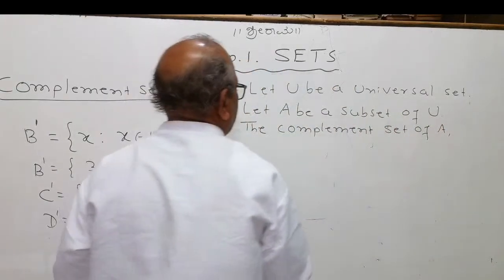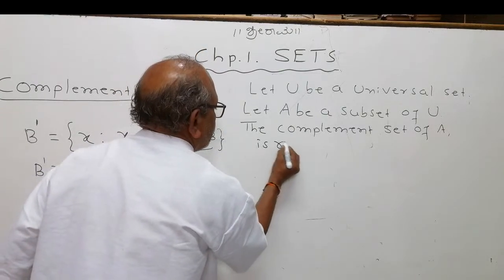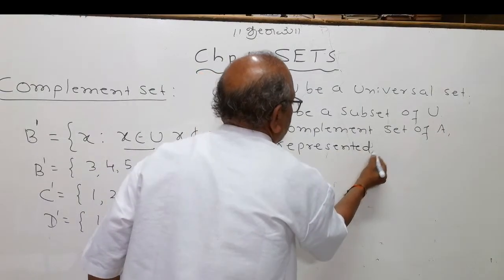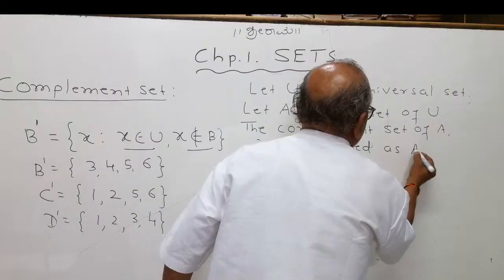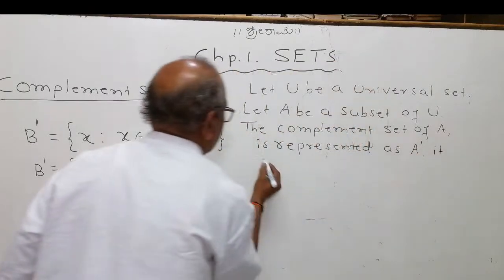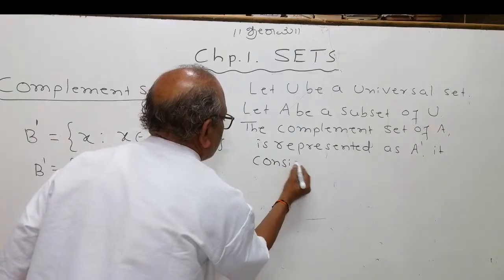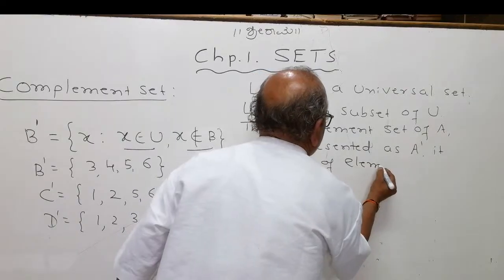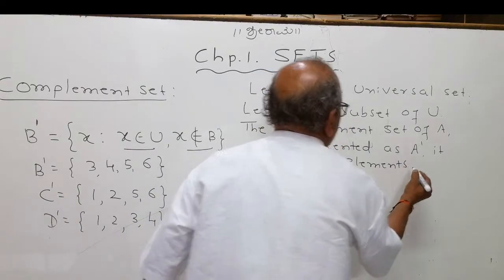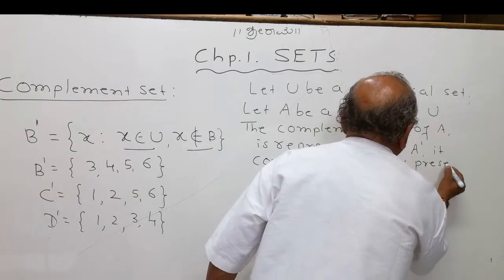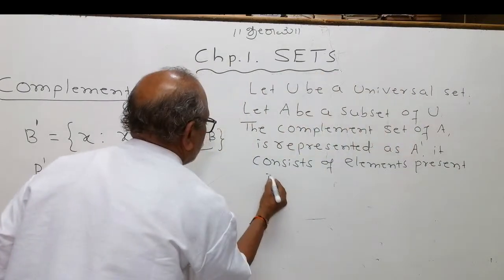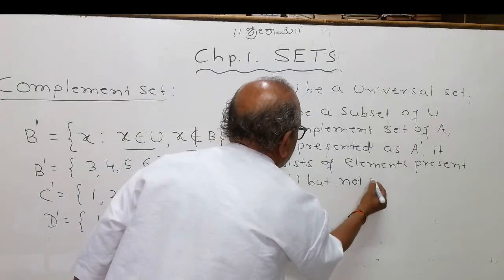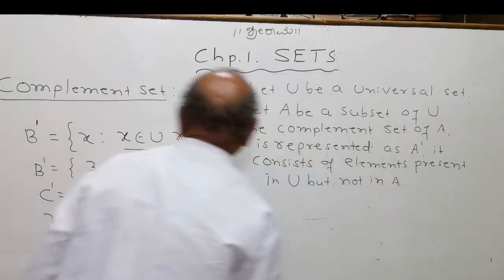Generally, the complement set of A is represented as A dash. It consists of elements present in U but not in A. That is the definition of it.